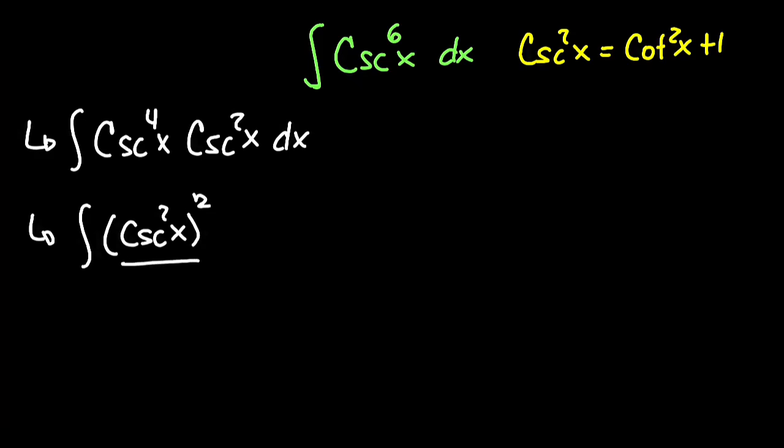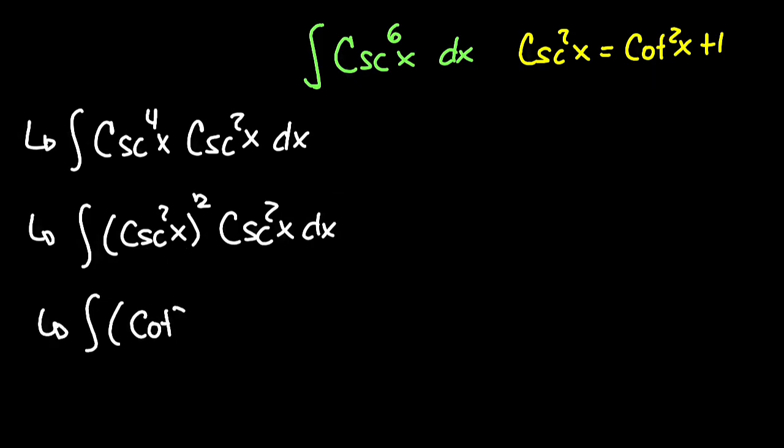Note that this value is simply equal to that, we just rewrote it, multiplied by the rest. And now we can transform cosecant squared of x into its identity, which makes this the integral of cotangent squared of x plus 1 raised to the power of 2 multiplied by cosecant squared of x dx.